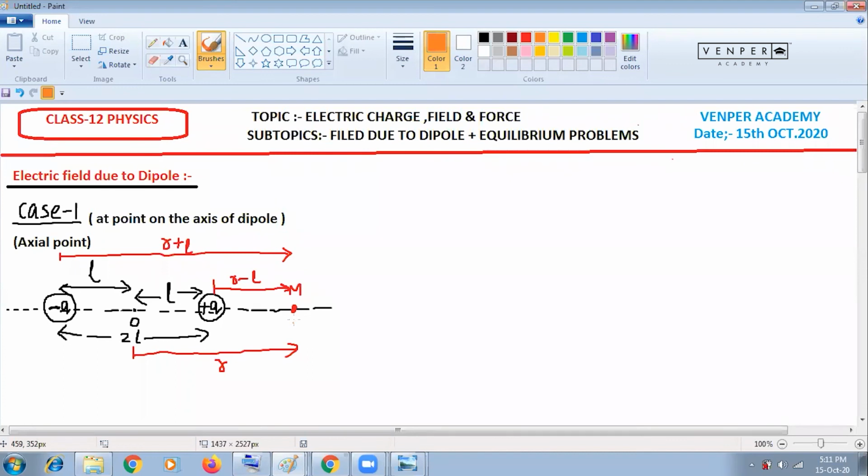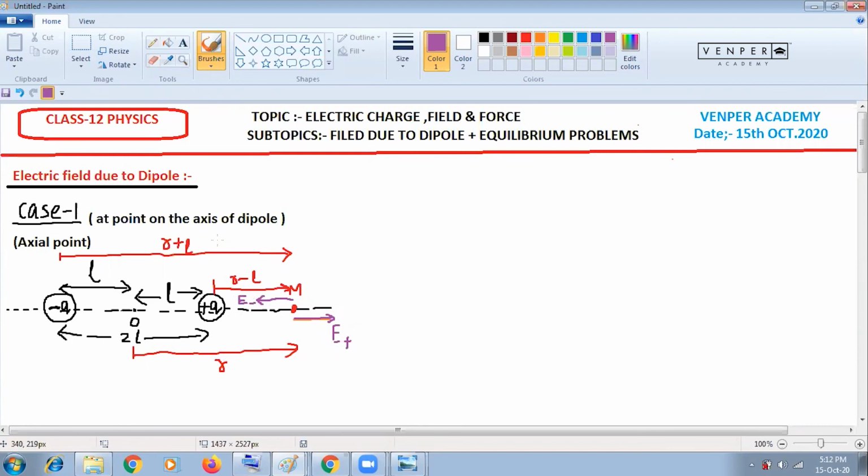Due to the plus charge, the field will come like this. This is your E field due to the positive charge, a repulsive force like this. And due to the minus Q charge, the field will act like this. So this is your E minus.